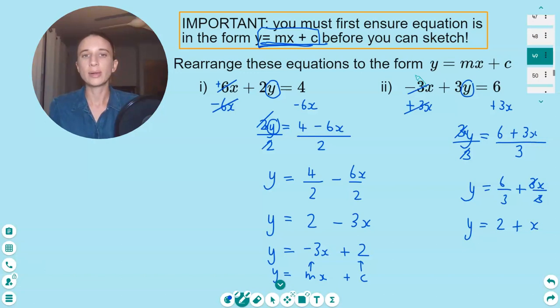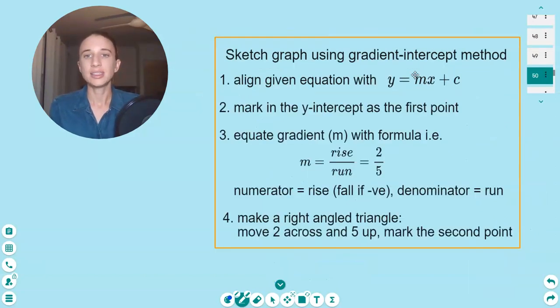Let's rewrite it with the x term first, and then you can equate your terms, mx plus c. So what do you reckon the gradient is here for this equation? Remember, invisible ones. So the gradient is 1 there. Maybe you want to take a little note of this slide.